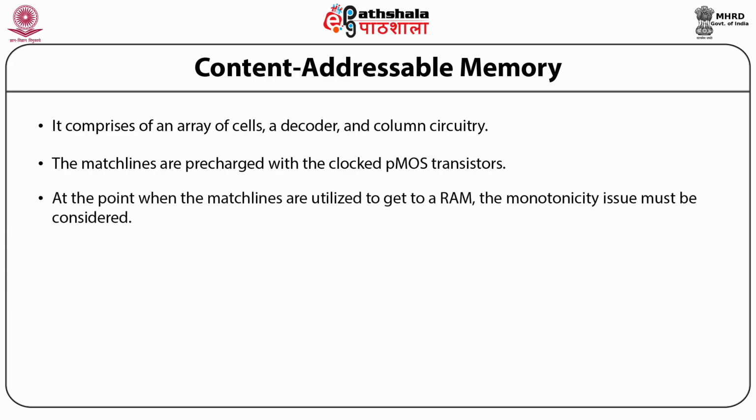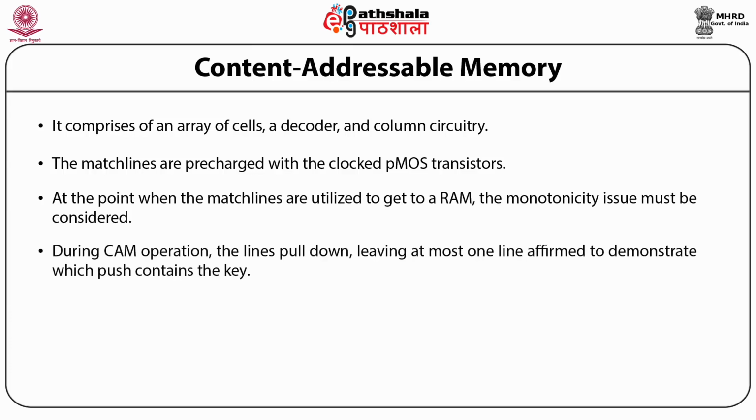When the match lines are used to access a RAM, the monotonicity issue must be considered. Initially, all the match lines are high, so during CAM operation, the lines pull down, leaving at most one line asserted to indicate which row contains the key. However, the RAM requires a monotonically rising word line.